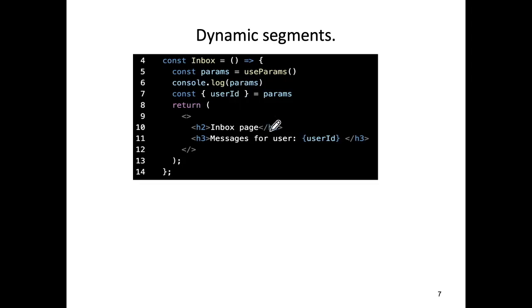Now, all I'm doing with the userId is just displaying it on the screen. But typically, you might have a useEffect hook here, which uses the userId to make an API call to a backend service to get, let's say, the user's set of messages and then display those messages on the screen.